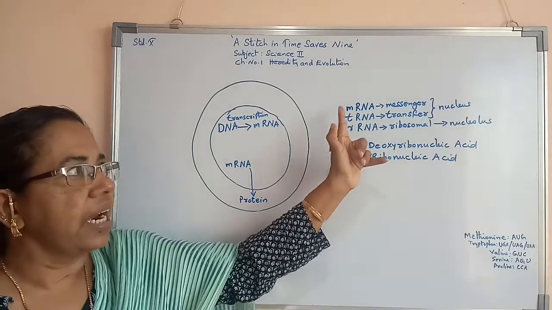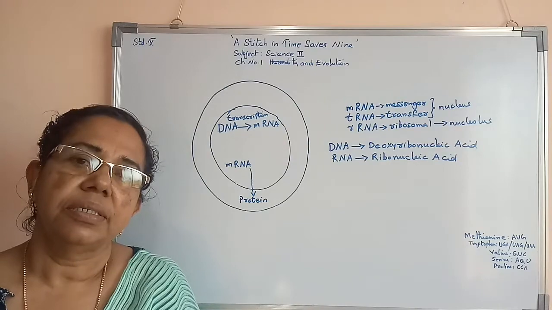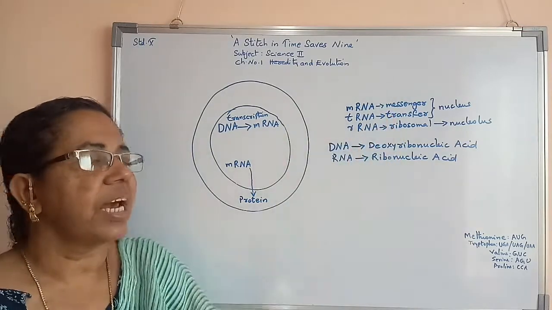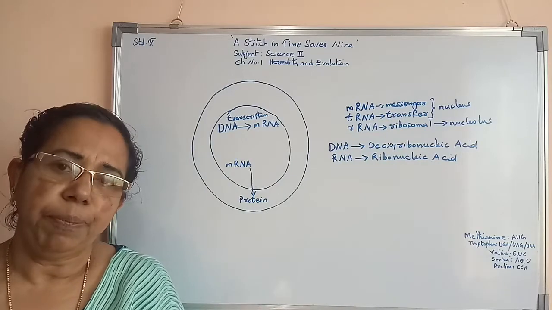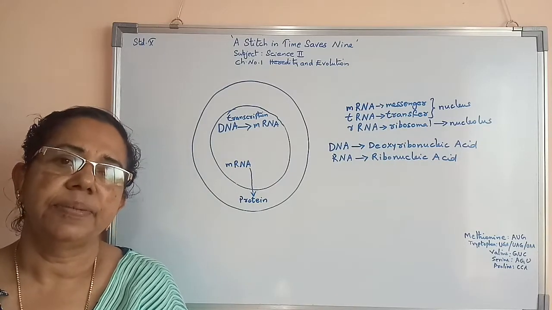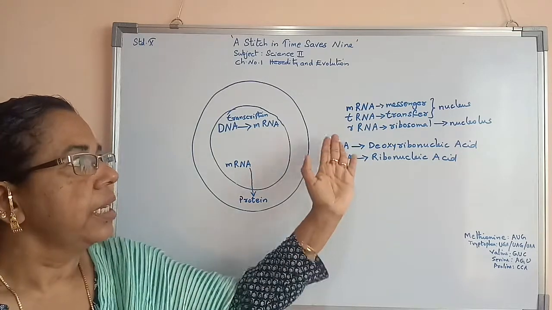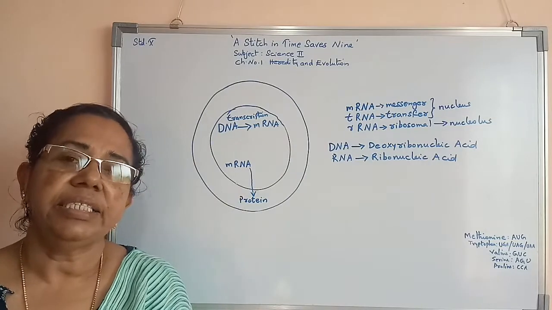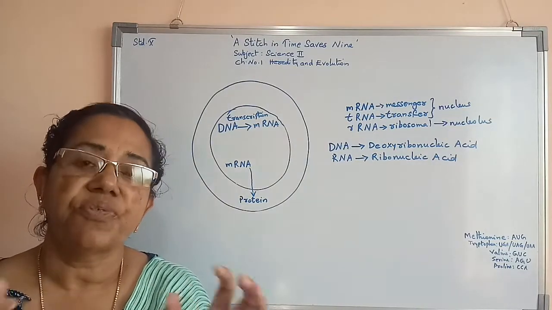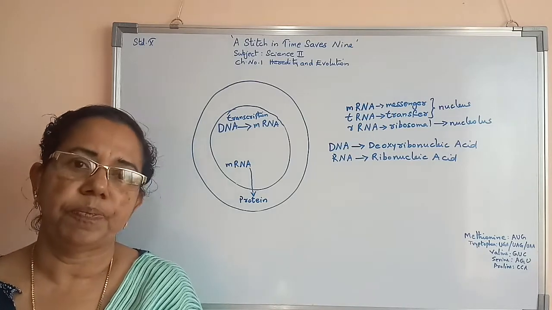Messenger RNA helps in the production of protein. Transfer RNA helps in the transfer of amino acids in the production of protein. Ribosomal RNA helps in the formation of the framework of the ribosome.